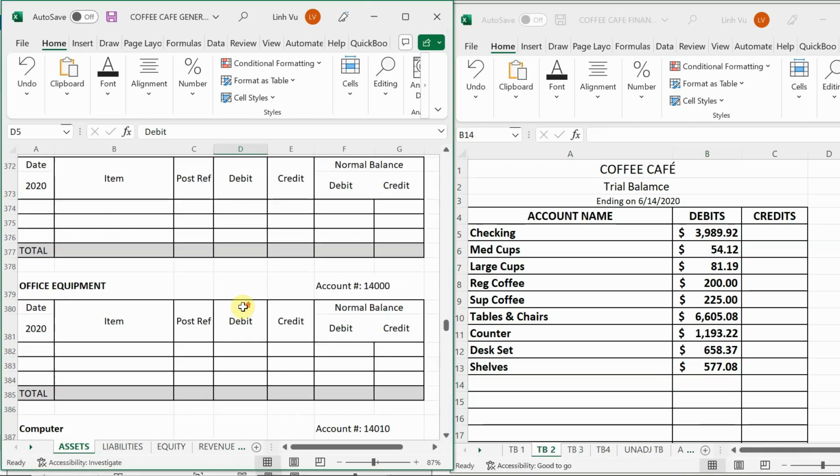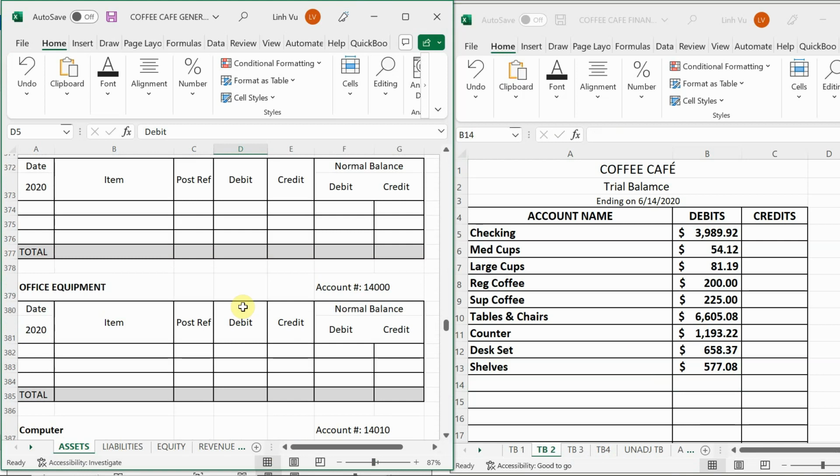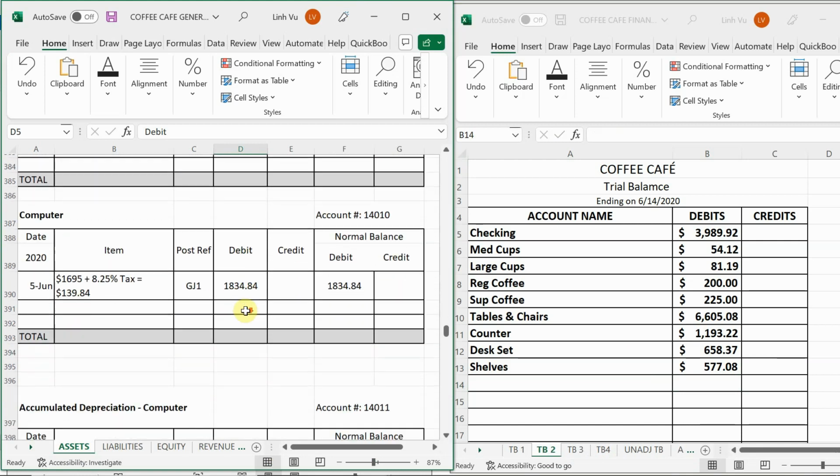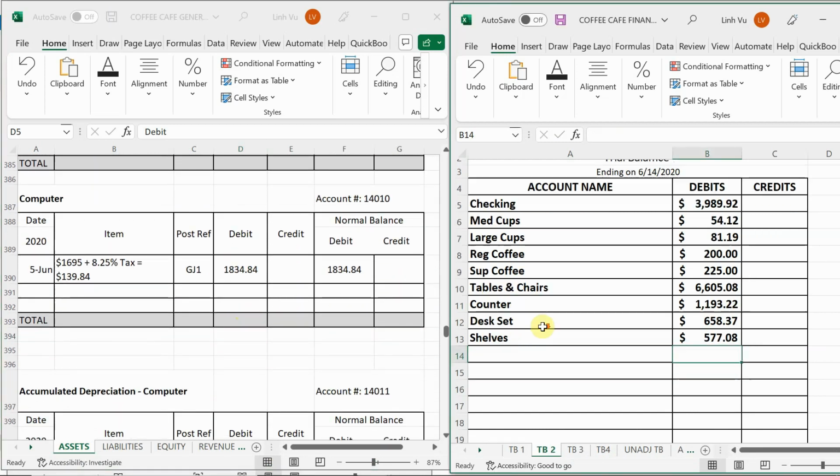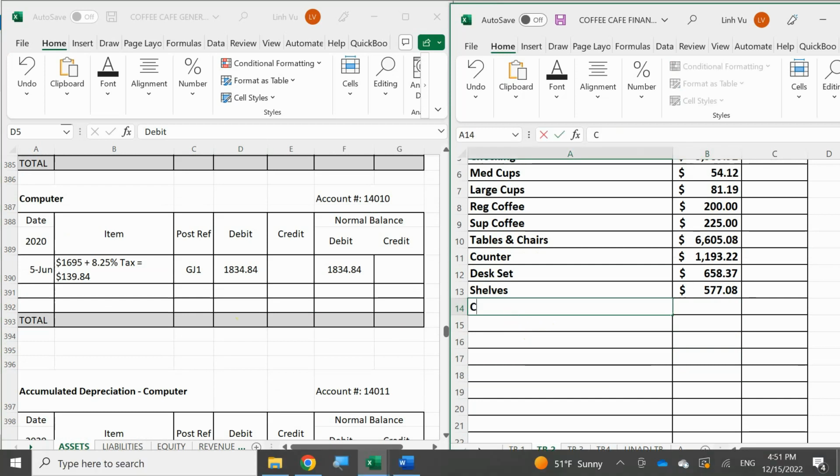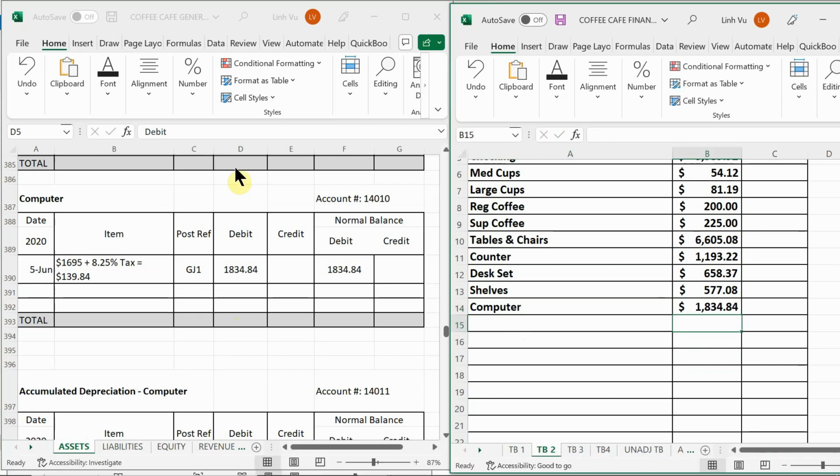Let's see. Any office equipment? We did purchase a computer, which is currently at $1834.84, so that stays the same.